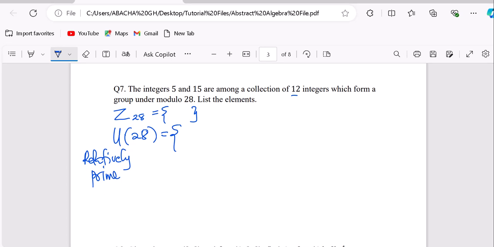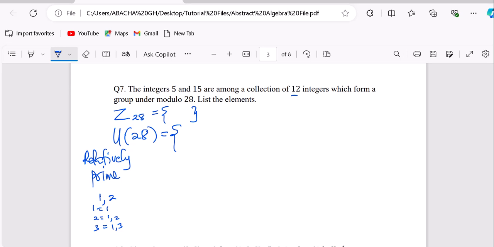For instance, 1 and 2: the factors of 1 is 1 and the factors of 2 are just 1 and 2. And 3 is relatively prime to 2 because the only factors of 3 are 1 and 3. So they only have 1 in common.